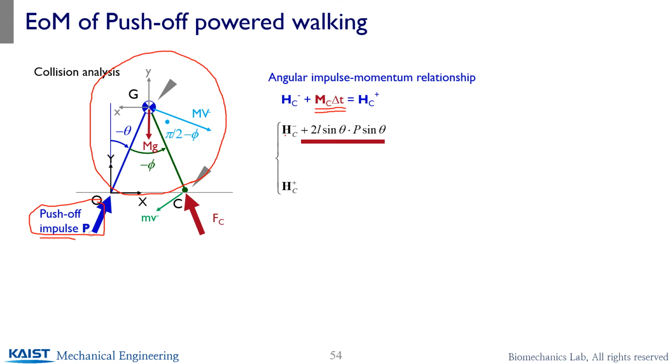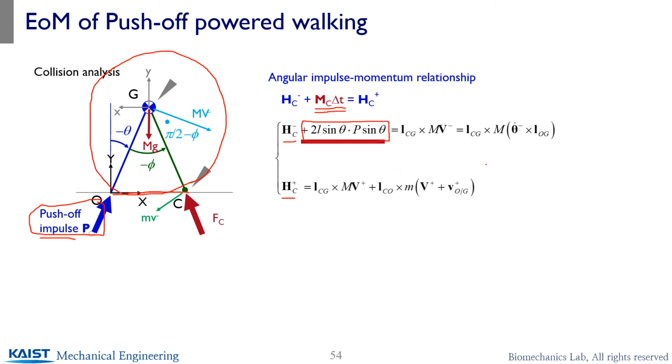So instead of having hc equals hc plus, you should add the impulse by the push-up P, which is 2L sine theta and P sine theta. So I just multiply by the LCO cross product P. Okay?